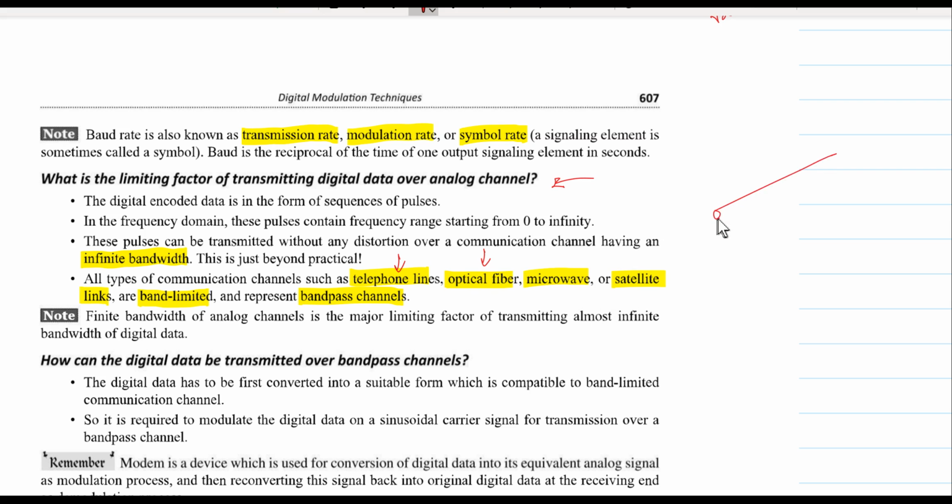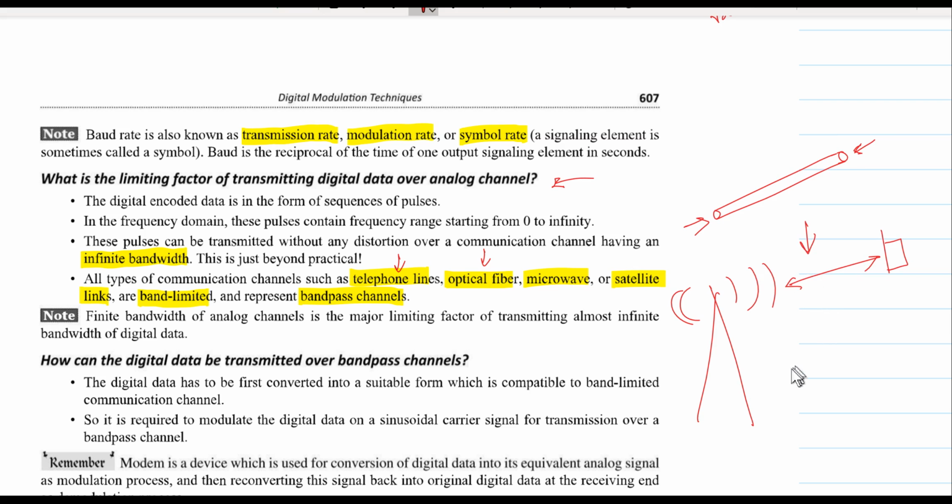The fiber cable that receives light at this end and is received on the other end is what is called optical fiber. Microwave is what we normally use to transmit data from, say, your phone to the BTS, the base transceiver station. The concept that we use here is called microwave.